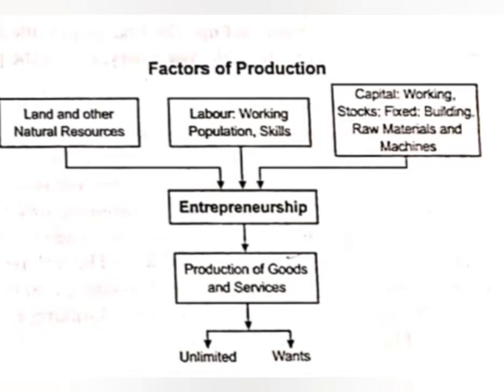When we use all these three factors in an intelligent way, entrepreneurship is required to place all these things properly so that we can get the products, for the production of goods as well as services. And you know that wants are unlimited and resources are limited, so we have to be very careful.